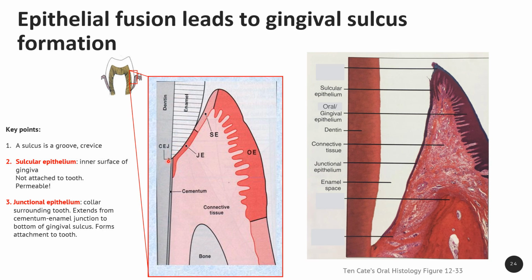So the CEJ is obviously the join between the two. The junctional epithelium bridges this gap, this change in tissue type, and extends from the bottom of the gingival sulcus upwards, forming a hard attachment to the tooth.